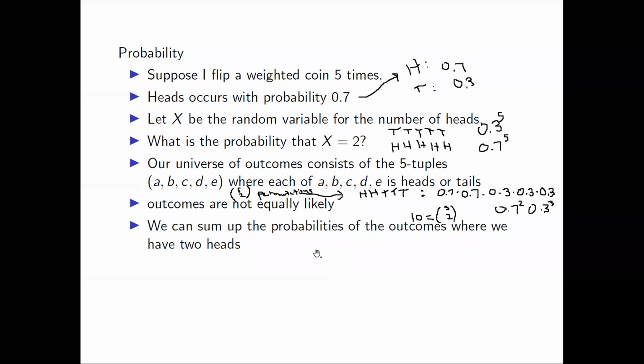And we can notice that if we permute that sequence, HHTTT at all, for example, we can look at HTHTT. And we get the numbers in a different order. But we still get the exact same product.